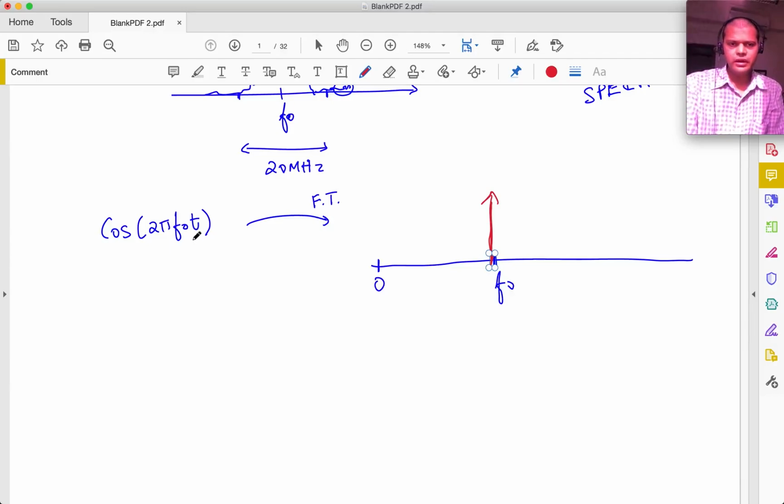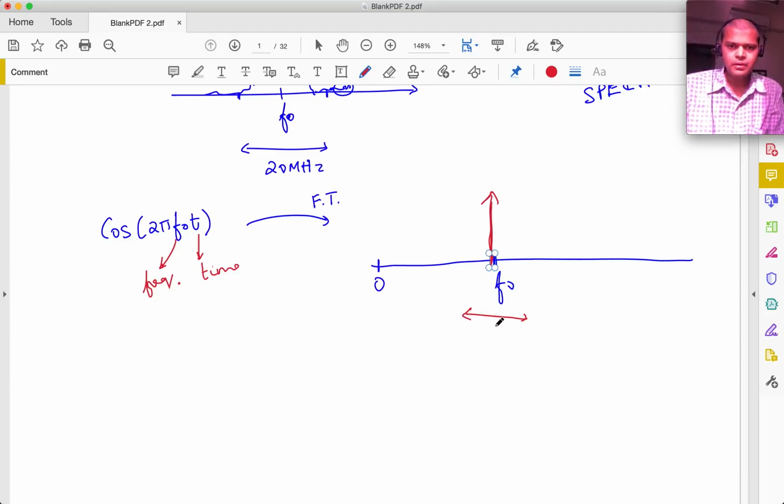And intuitively it makes sense, right? You have a sine wave or a cosine at frequency F0. Okay, so t is the time, and this is the frequency. So obviously its energy has to be completely at F0. So we can transmit this, and the government wouldn't be upset, because all our energy is within that band. Right? We have to say it's between plus or minus something around F0.